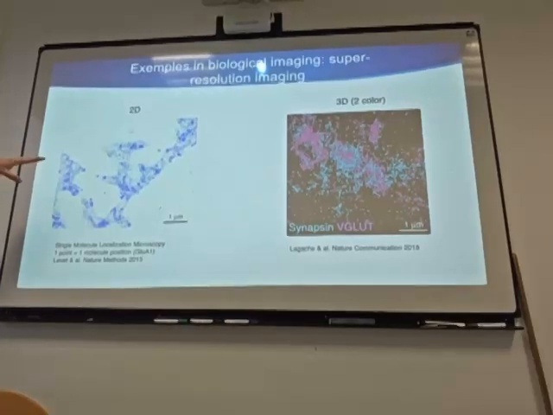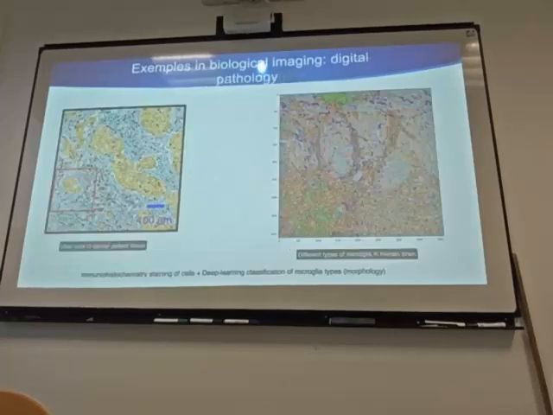For example, here are some synaptic molecules in 2D images, or even in 3D, and here it's a two color 3D image where each sphere is one molecule in space. And again, the natural question is whether or not they are clustered, or if there is any relation between the colors.